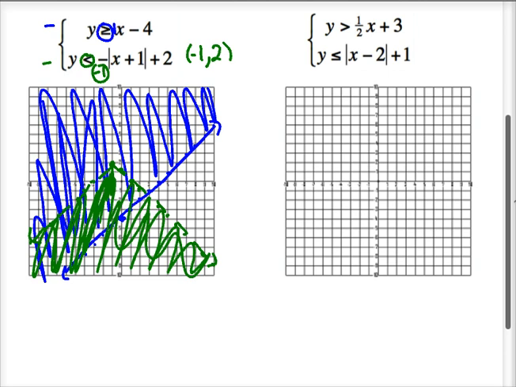And then that double shaded region where they overlap is everything in here that I'm making black for you. Okay, that is your double shaded solution area.